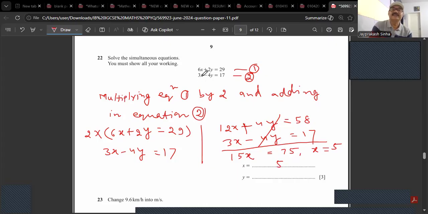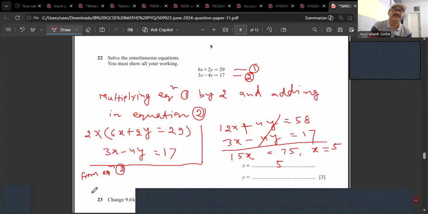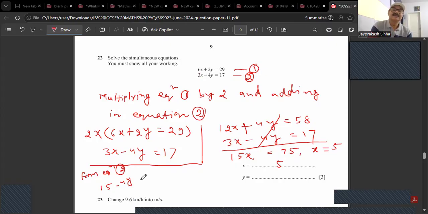Now put the value of x here. We'll put it in equation 2. Then 3 into 5, 15, minus 4y is equal to 17.